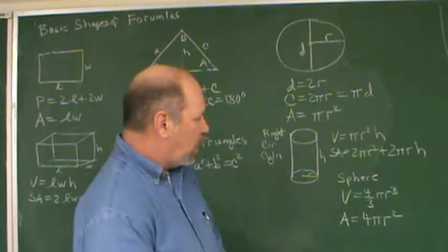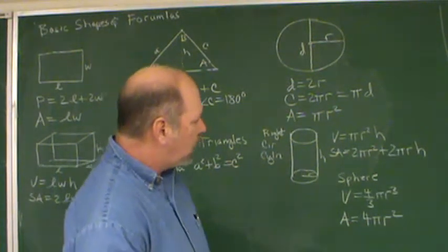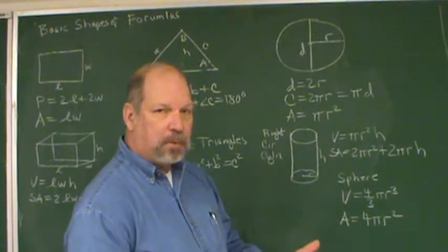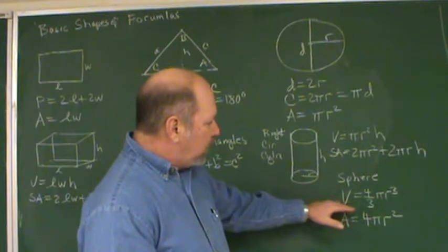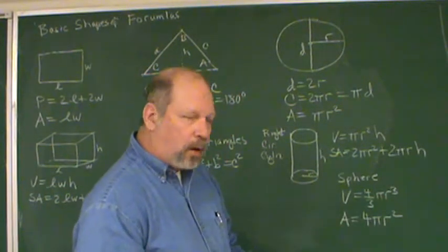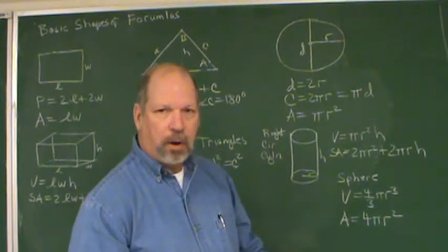Once again, these are formulas I would give you. I don't expect you to have these memorized, although we could make a case that the sphere is a simple geometric object. The volume of a sphere is 4/3 pi r cubed. The area of a sphere is 4 pi r squared.